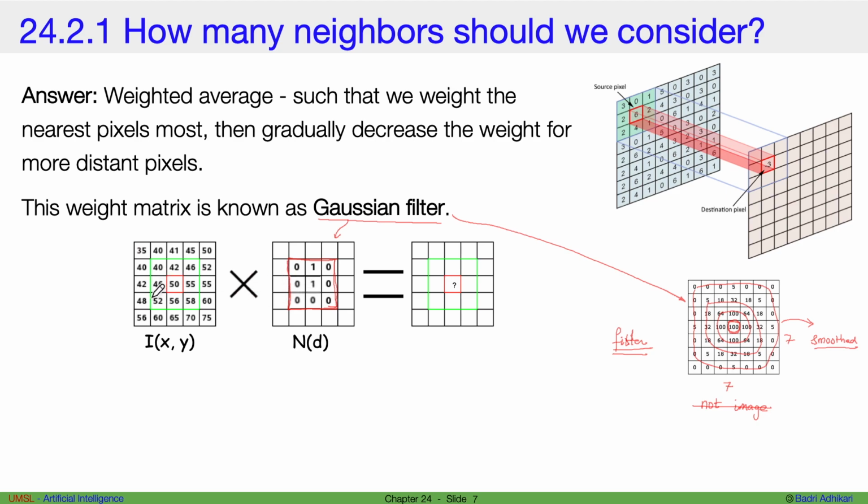So let's say I have this image, here are my intensity values, and here is my Gaussian filter. Now what I would like to do is multiply, this is a convolution operation, also known as convolution. Take this filter, multiply this with the image and produce a smooth output image.